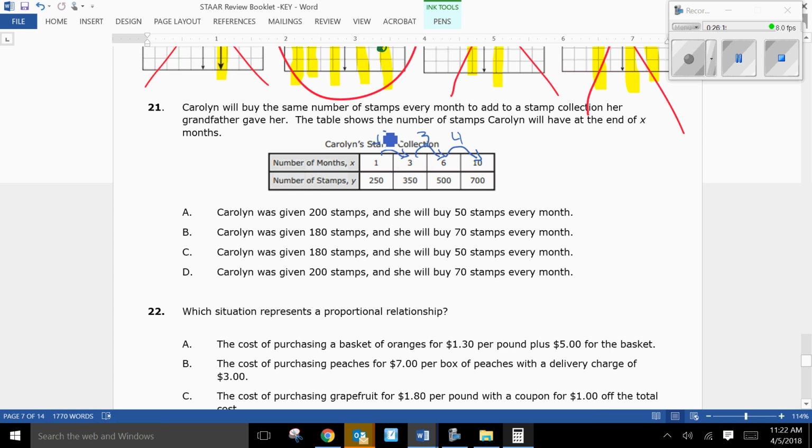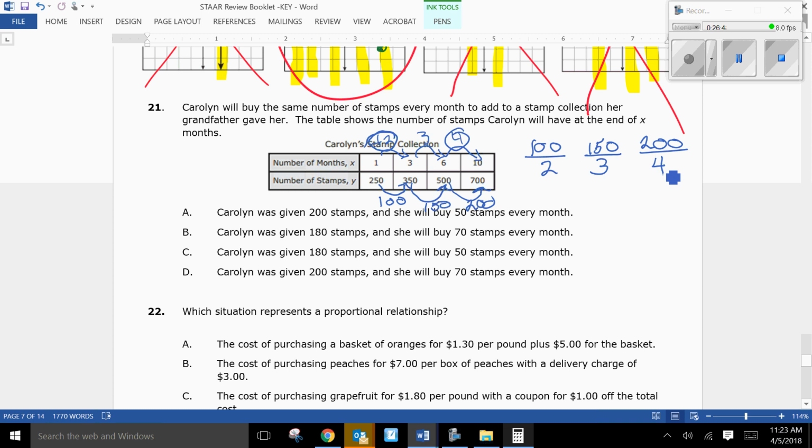After 2 months, she's gained 100 stamps. After 3 months, she's gained 150 stamps. And for 4 months, she's gained 200 stamps.